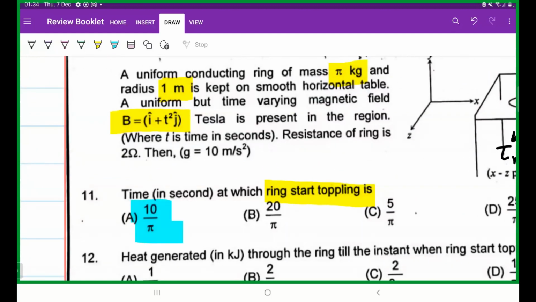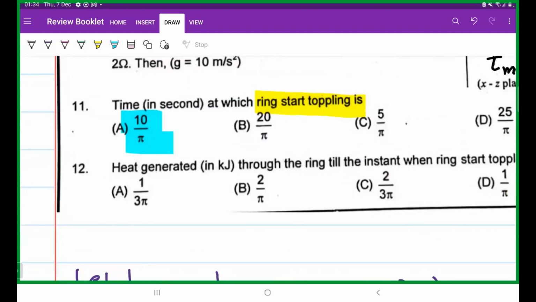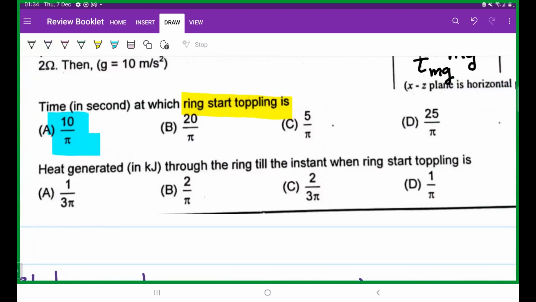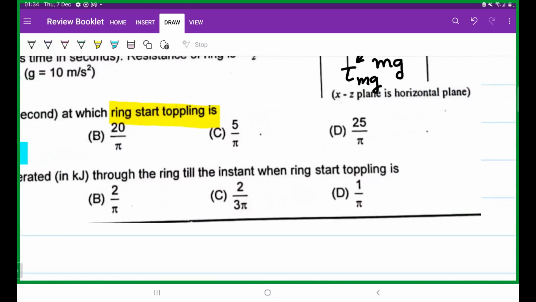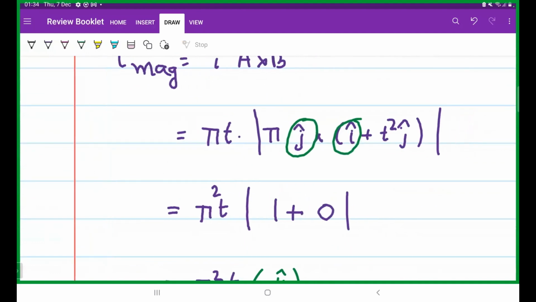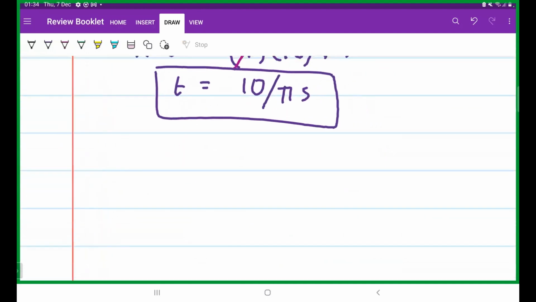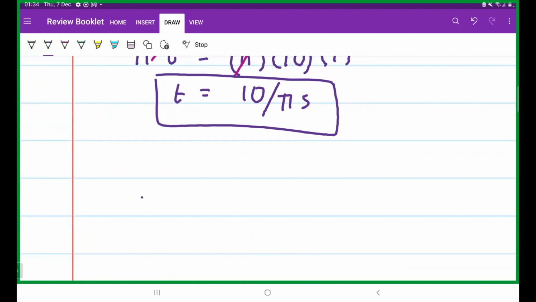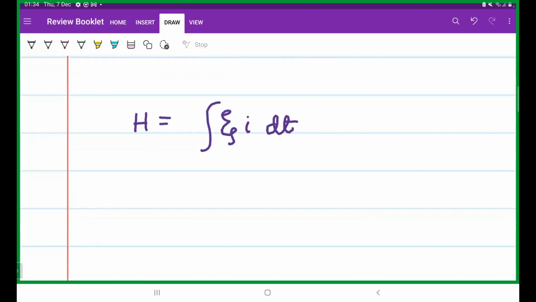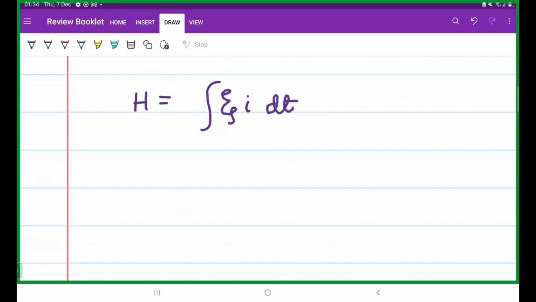Okay, let's have a look at the second question. Heat generated through the ring till the instant when the ring starts toppling. Now we know that the value of heat generated is basically this, right? This should be a very familiar formula to you. Now we'll just simply put the values over here, right?